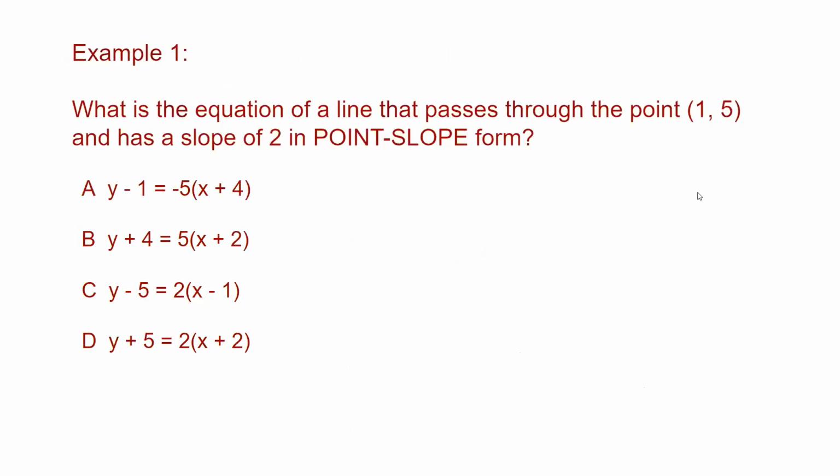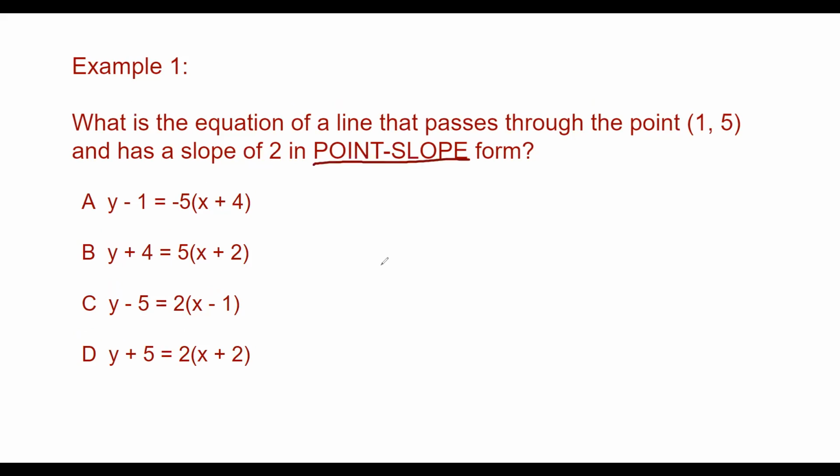Let's take a look at 3 examples here. In this first one, we're told that the line goes through the point (1, 5), and it has a slope of 2. And we are looking for the answer in point-slope form. So once again, this is the form: Y minus Y1 equals our slope M times X minus X1.